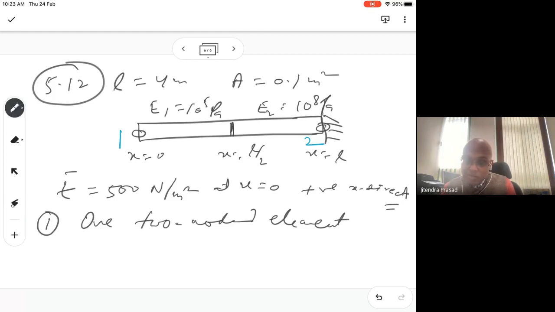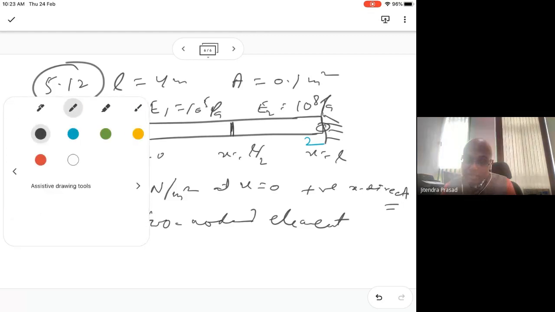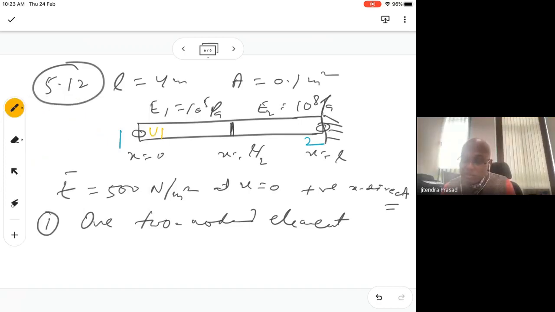We have u1 and u2, so let's write u1, u2. And then we have u2 equal to 0, right? So you will have u1 and 0.